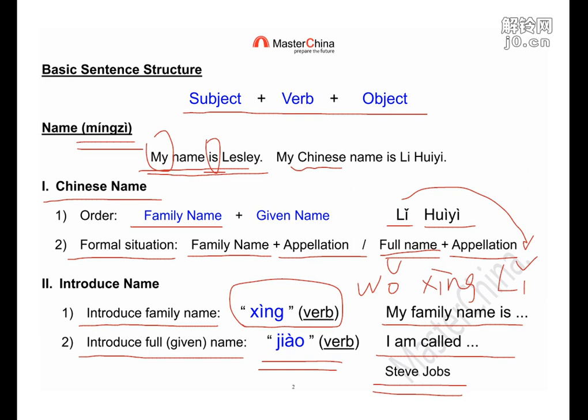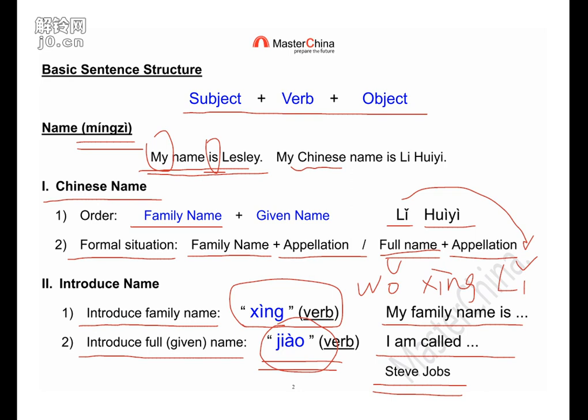We only use this specific verb for the full name or given name. Please keep it in mind. And this 叫 is also used for introducing any name. So for example, if you don't know how to call one company or one brand, you should use it. This is called Microsoft. So when you give the name for something, please use this specific verb.